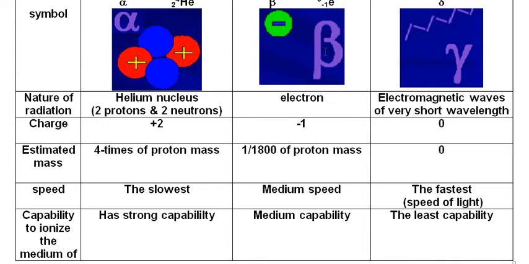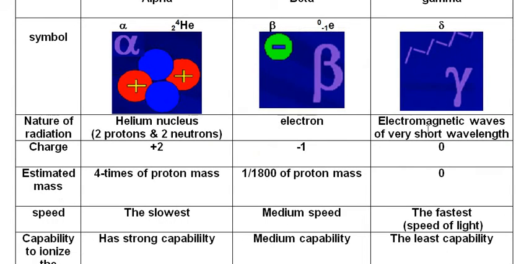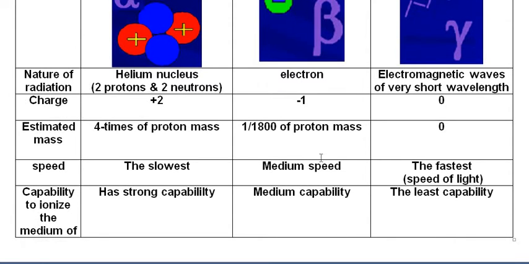Negative beta radiation is a negatively charged electron, while positive beta radiation consists of a positive electron, which is called a positron. The last type is gamma radiation, which is electromagnetic radiation having a short wavelength.